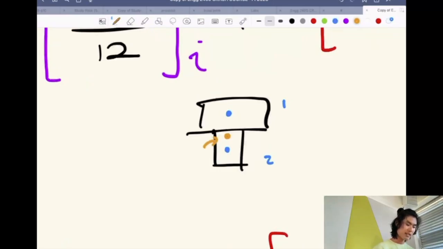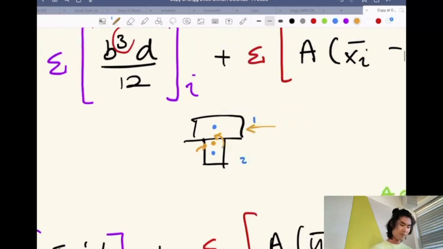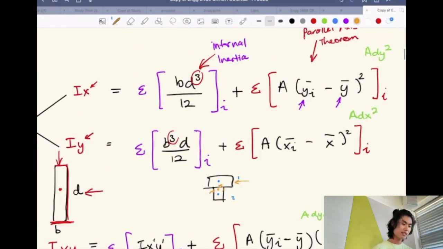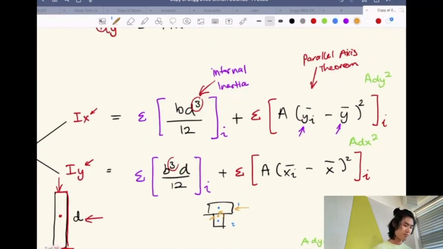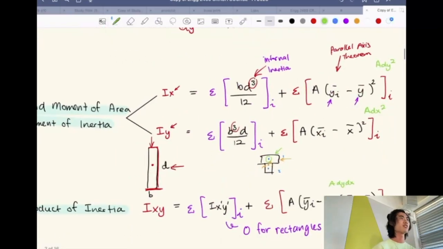So let's say you were to apply a force here. It's still going to rotate around this point, you agree? But you can't consider the moment of inertia for shape 1 around this point. So you have to shift it down towards the actual centroid of the whole shape.